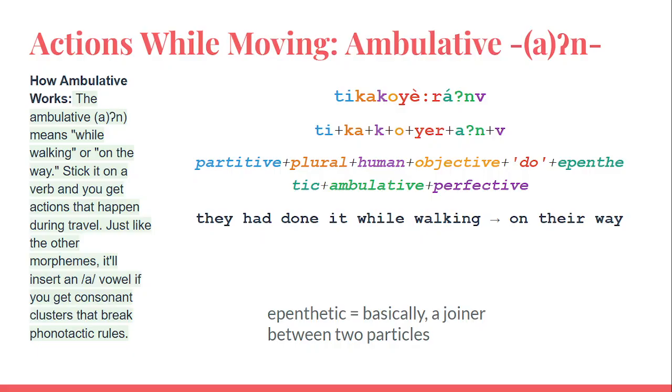It could have been when they stopped at the gas station, or when they were by the tree on this specific road. It could have been any other specific detail, right? But because they added the ambulative there, you know that it happened while they were moving, while they were traveling somewhere.